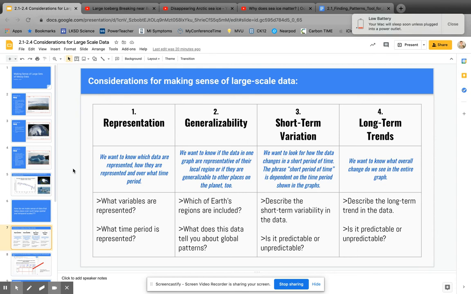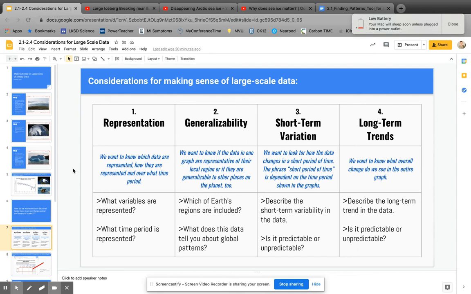This comes back to when I introduced our Lake Superior trendline stuff, and we were looking at the winter of Michigan being not necessarily representative of the entire rest of the world, because that map showed the entire rest of the world having warmer than average winters, but Michigan was like a small little thing that was just an outlier, right? So generalizability, can we use this just locally, or can we globalize it?